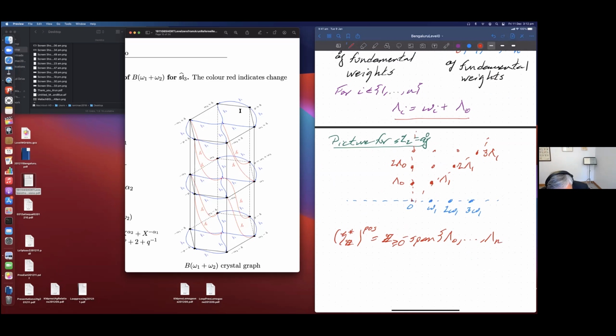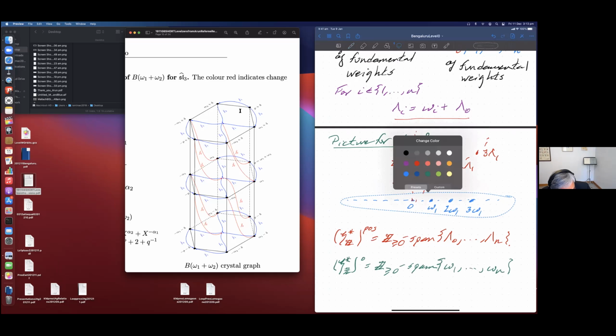And then I have another set, which is the 0 part of H star, which is the non-negative linear combinations of the omegas. I guess I should have made these all green, to match my notation there.